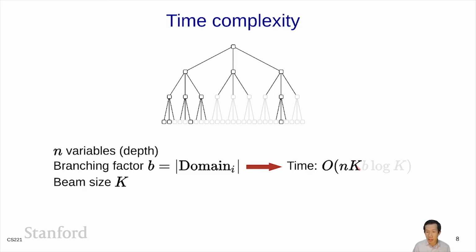The extension phase is going to take each of these k and extend it into b candidates, so I'm going to end up with kb extended candidates total. Then I'm going to have to take the top k. The time it takes to take a list of kb elements and select the top k elements is kb log k by building a heap. So the total time is n kb log k. Importantly, this is linear in the number of variables, whereas backtracking search would be exponential in the number of variables.